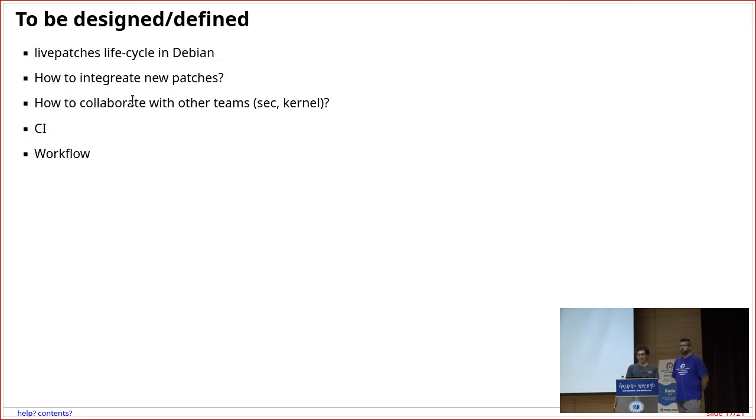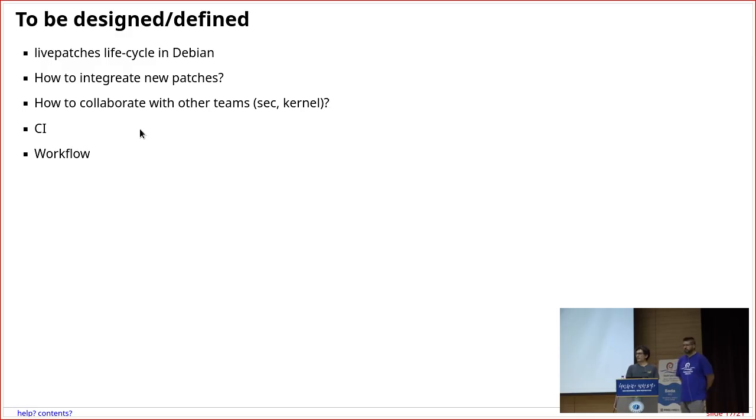There are also other things to design and define. We have already mentioned the life cycle. How to integrate new patches, we are going to mention in the following slides. We need to collaborate with other teams, especially the security and kernel teams, on how we are going to handle embargoed patches, for example.